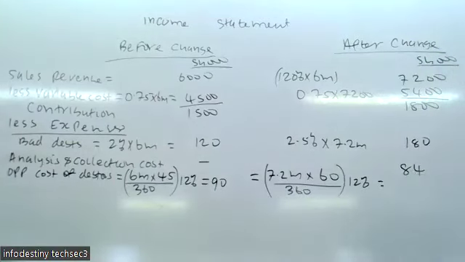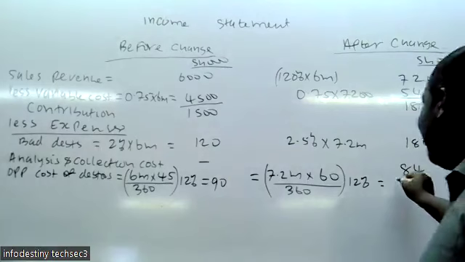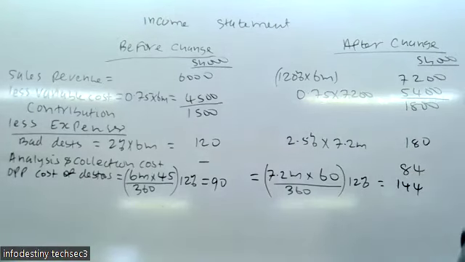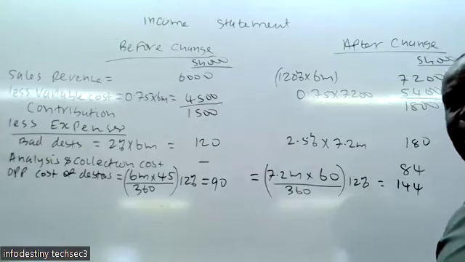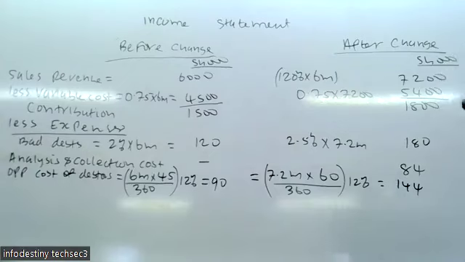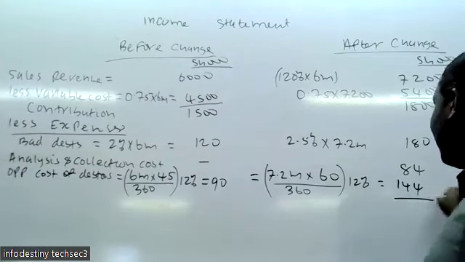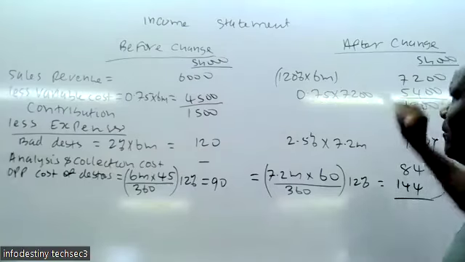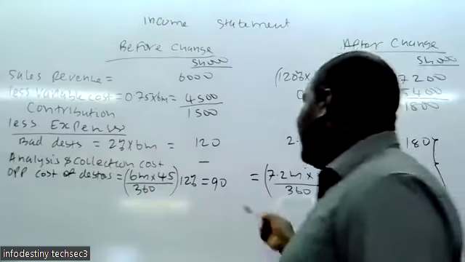So this one will give you how much? This one is 144. Online, I hope you are also getting 144. Are you all also getting 144? So I would like you now to subtract these expenses, because there is no other, from the contribution.